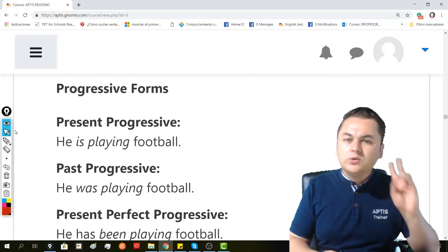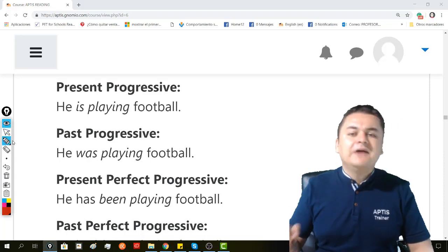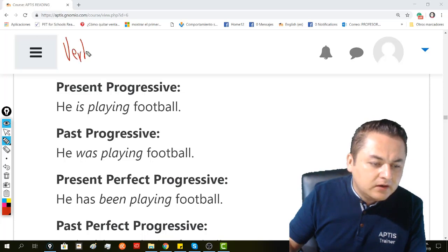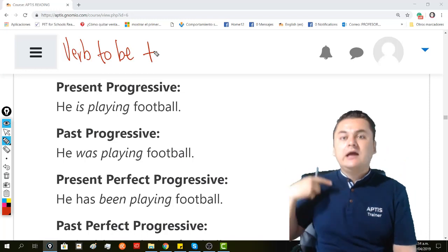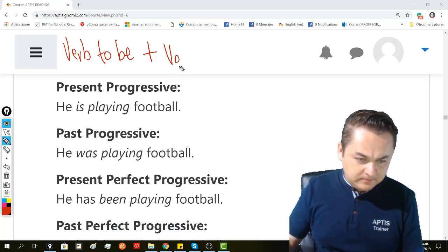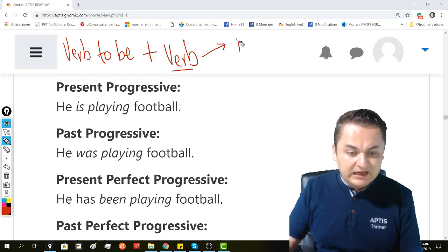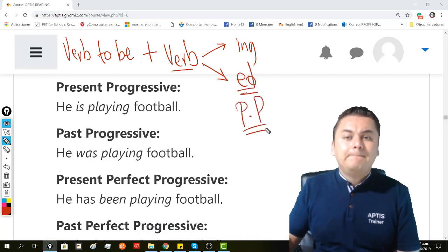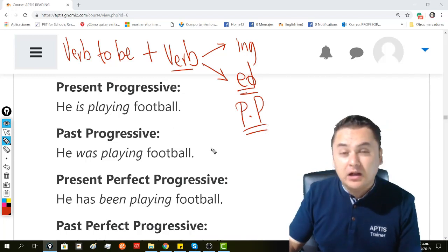And there are two key concepts for you to understand. If you have the verb to be, I'm going to write it here, the verb to be, you are going to need another verb. And this verb has to either end in ing or ed or its past participle form that you may remember, the three columns.